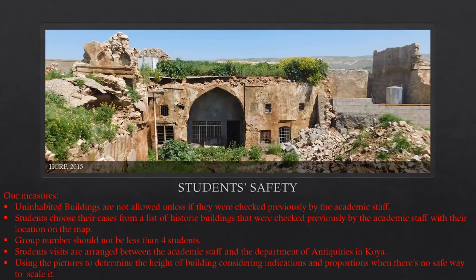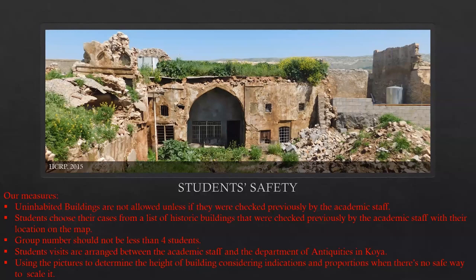Students choose their cases from a list of historic buildings that were checked previously by the academic staff, and provided also with the location on the map. About this, we couldn't provide this kind of list in the earlier years of the conservation and rehabilitation class, because we didn't have a real list of historic buildings.